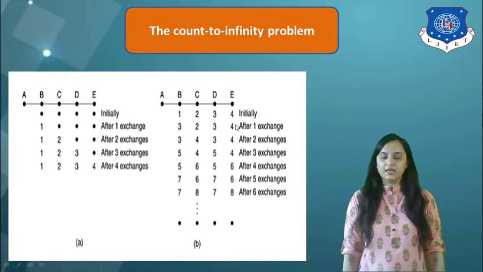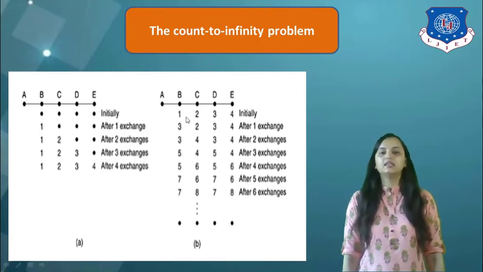The other values remain the same. After the second exchange, as the router sees that B has updated its value to 3, it will update its value to 1 more than that of B, because initially it saw that it was 1 more than B. So after the second exchange, the value of B will be 3 and the value of C will be 4, from the value 2, just because its neighbor router has updated its table. In this second exchange, the other values D and E remain the same, that means 3 and 4.